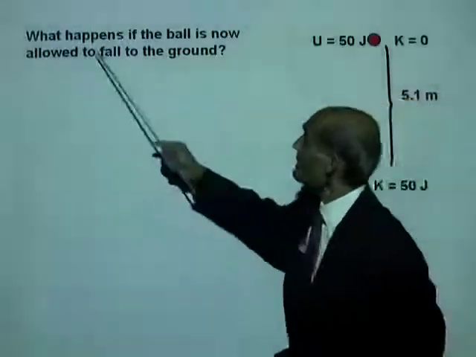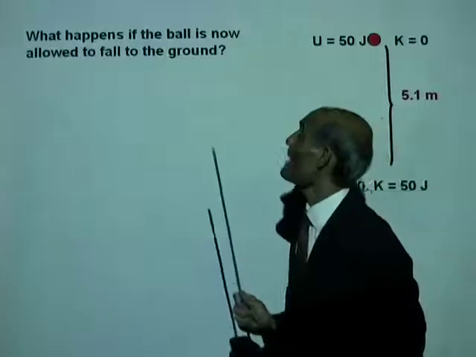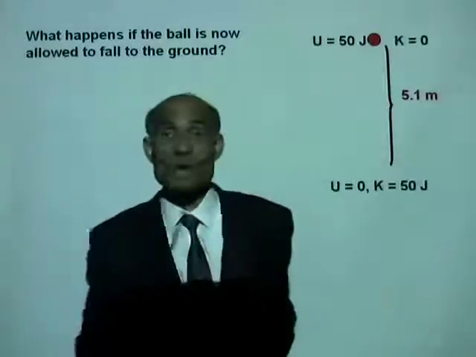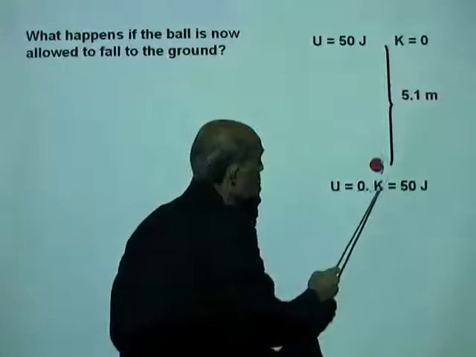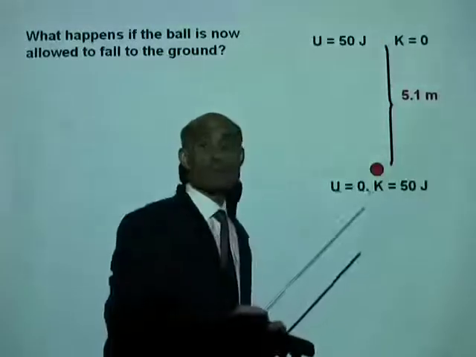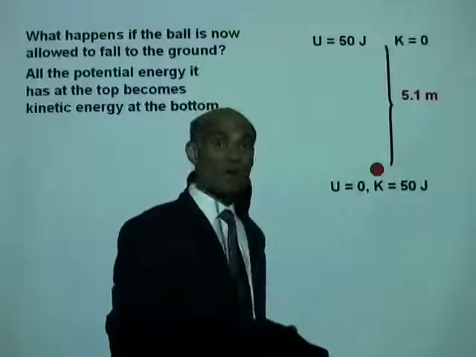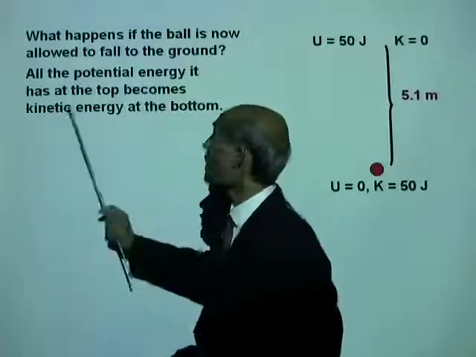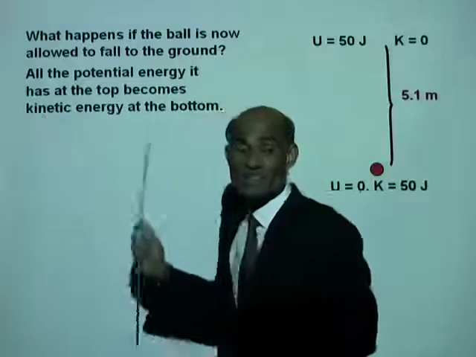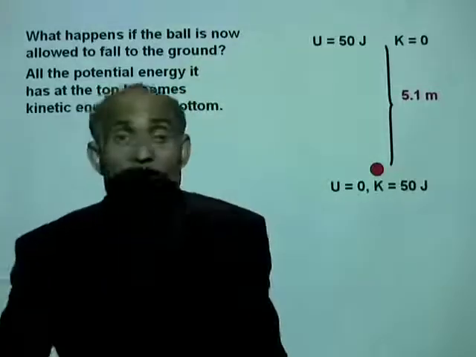Okay, what happens if the ball is now allowed to fall to the ground? If you now leave the ball, there it goes. It has fallen to the ground. Now, all the potential energy it has at the top becomes kinetic energy at the bottom. Is that right?